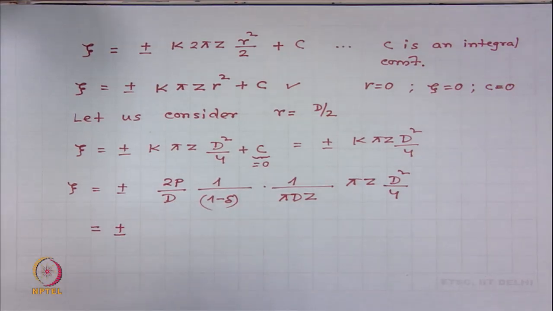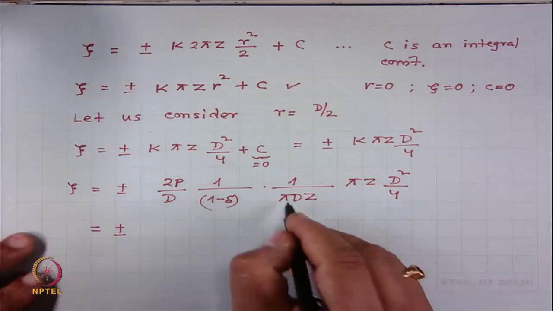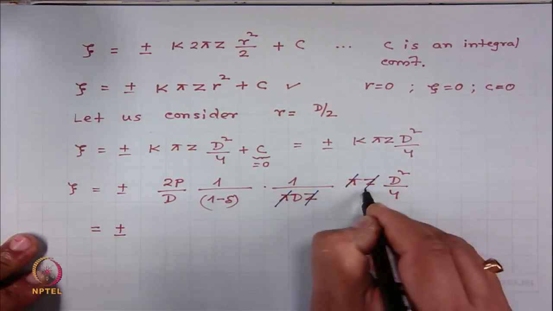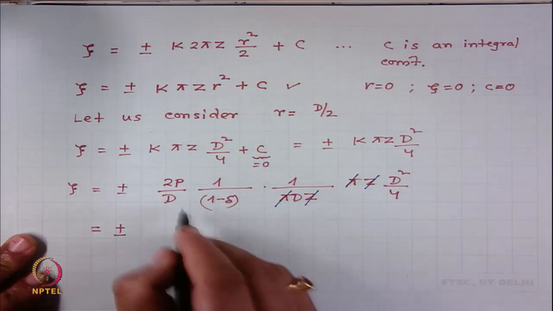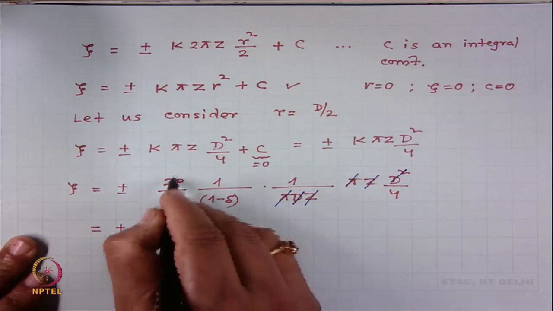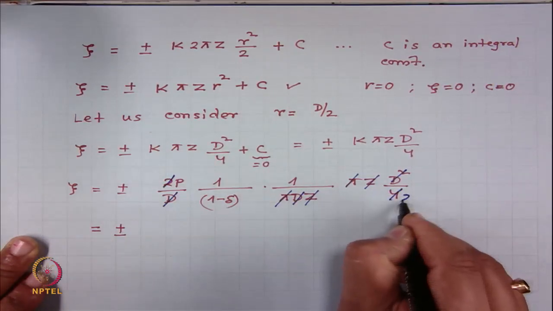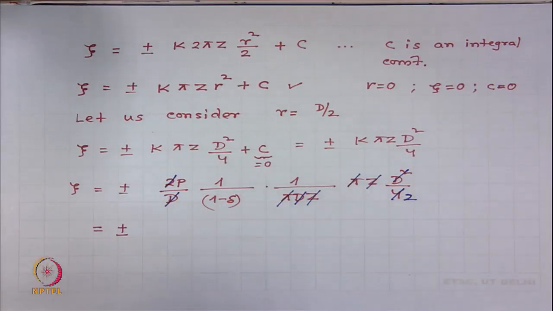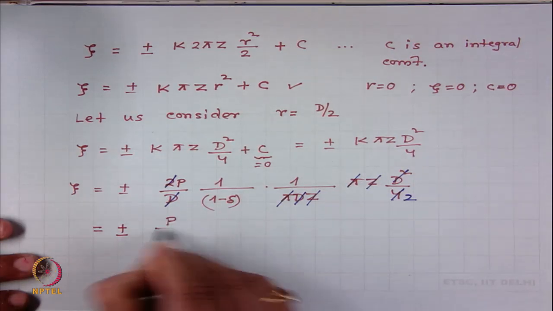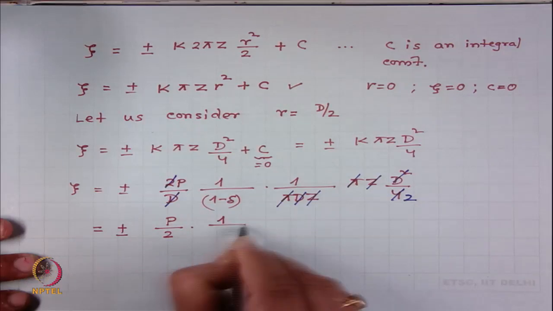Now, this pi cancels out, z cancels out, this d and d square cancel out. So, what we obtain is p by 2 into 1 minus this.